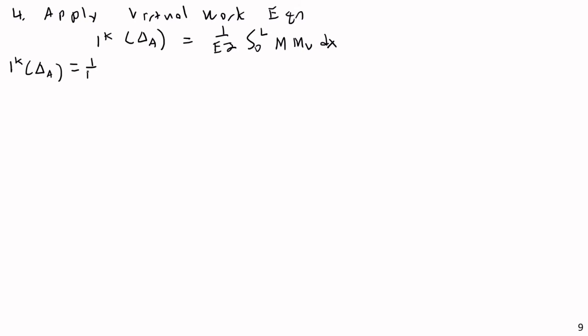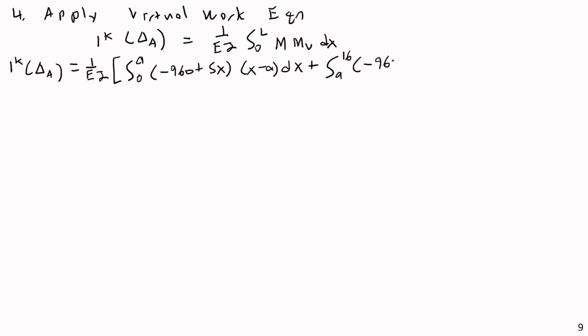Again, I'm going to break this into 2 added together integrals, but pulling out the EI as a factored constant. The first is the integral from 0 to a of negative 960 plus 5x times x minus a dx, and another integral, the integral from a to 16 of negative 960 plus 5x times the virtual moment of 0 dx. And look what happens.